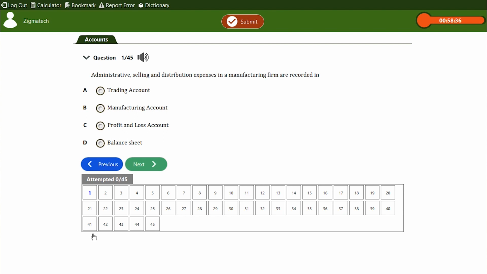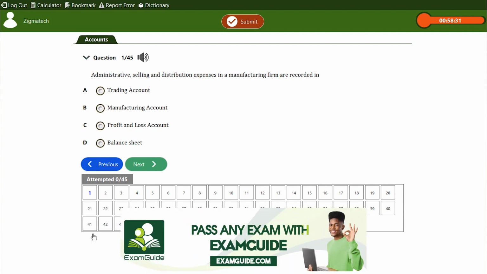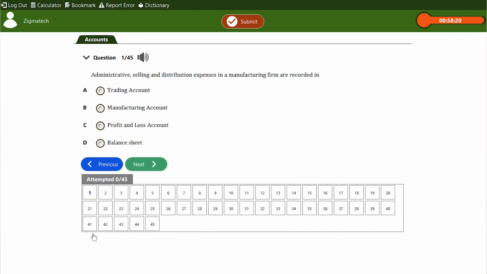And so non-factory overhead includes what we call the administrative, selling and distribution expenses or financial charge. So what we have here is administrative, selling and distribution expenses. And the examiner is expecting you to answer where are they recorded in the manufacturing firm.